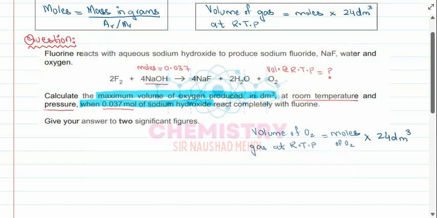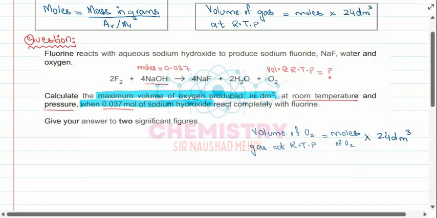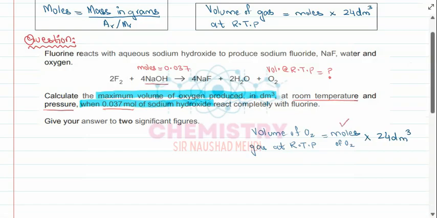In order to use this formula you need the moles of oxygen gas, which is not given in the question. You are being provided with the moles of NaOH, which is 0.037, so you cannot use those moles in this formula. So first of all I have to determine the moles of oxygen gas, and to do that I will apply the ratio between NaOH and oxygen gas.